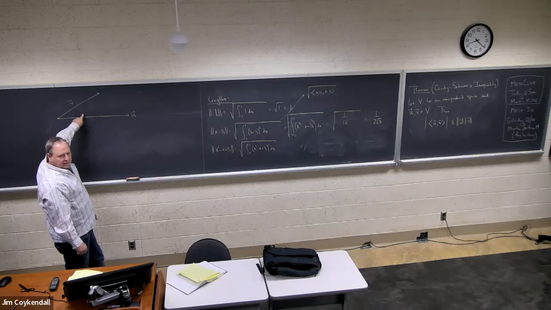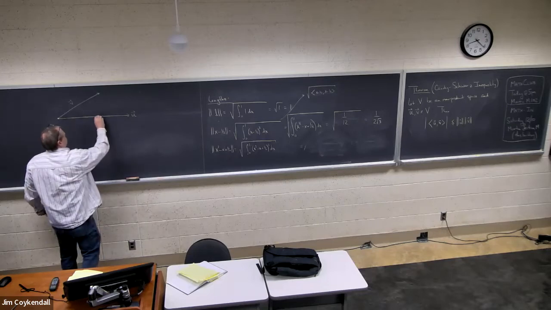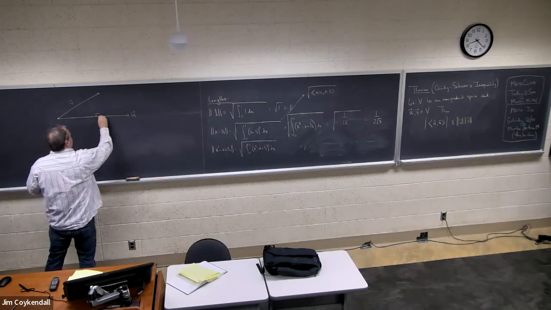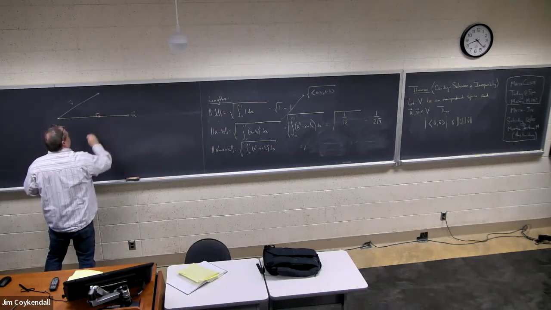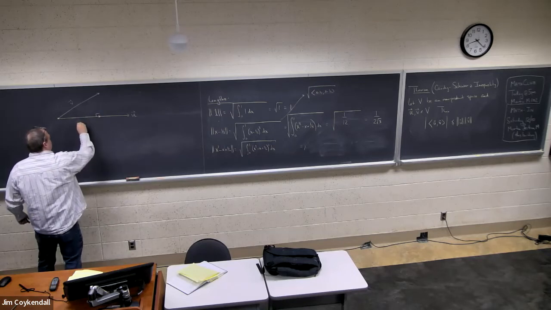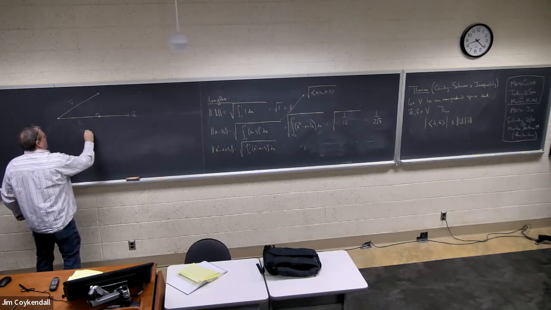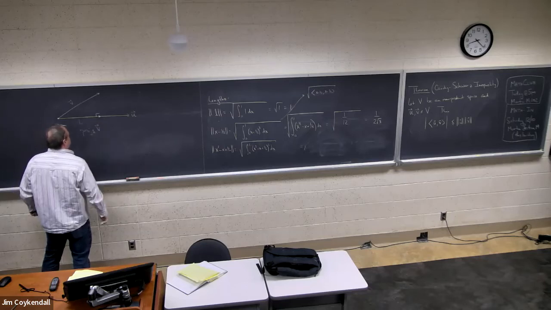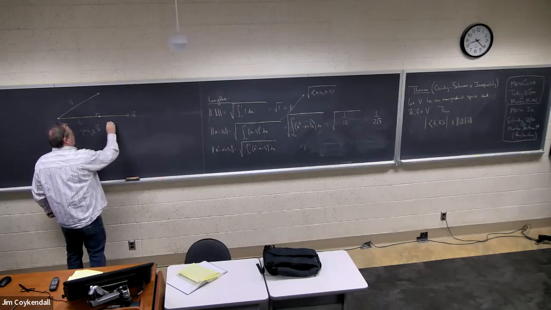This is something that we've done many, many times. And this is this vector here. This piece of U is what I call the projection onto U of V. And sometimes I call this V hat.